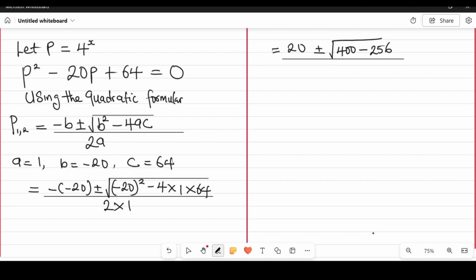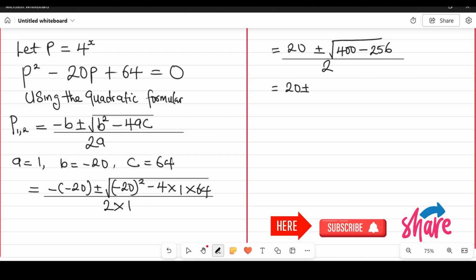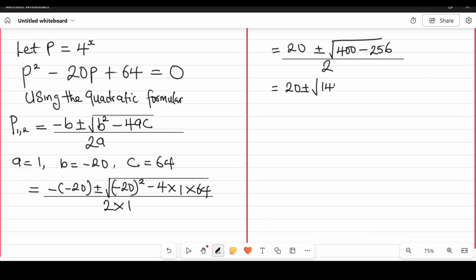So everything will be divided by the denominator 2, because 2 times 1 is 2. So we now have 20 plus or minus the root of 400 minus 256, which is equal to 144.